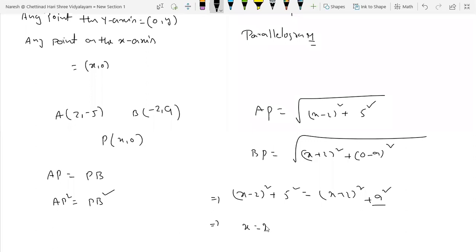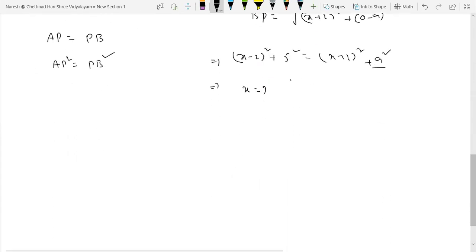Guys, anyone got the answer? x square plus 4 minus 4x plus 25 is equal to x square plus 4 plus 4x plus 81.